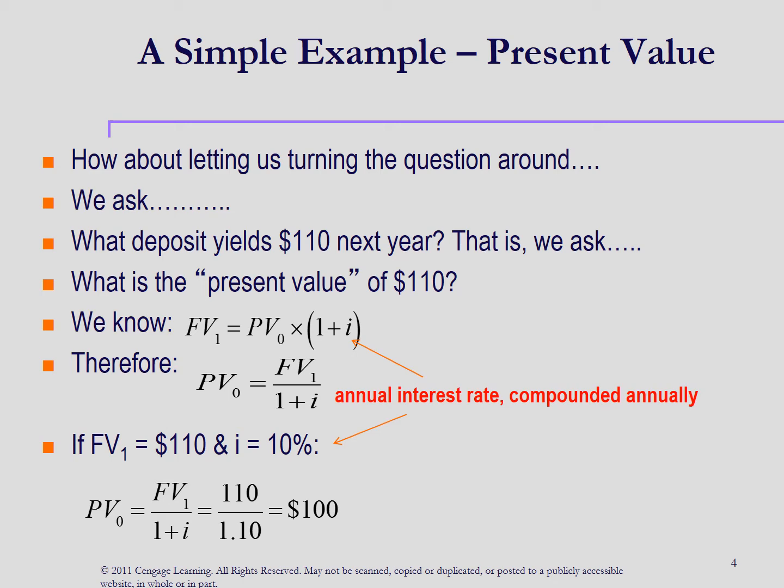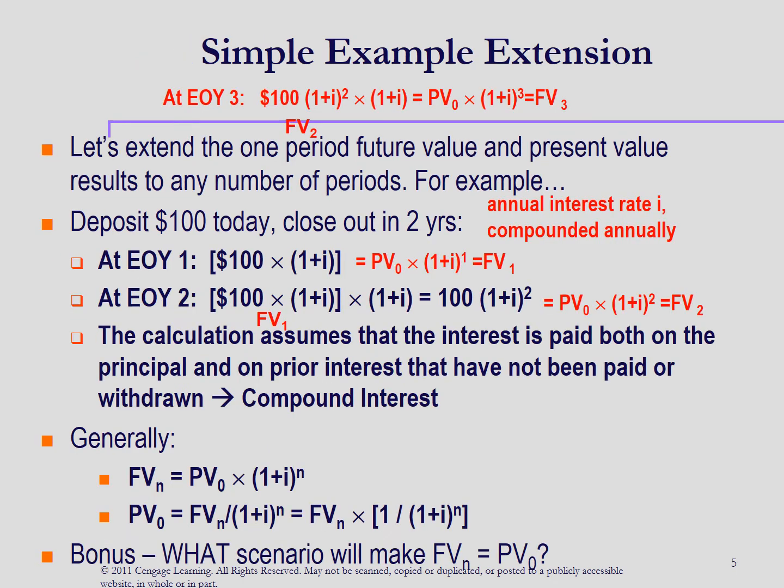From our earlier discussion, we know that future value at the end of year 1 is equal to present value today times 1 plus interest rate. Dividing both sides by 1 plus I, we arrive at the following formula. Present value today is equal to future value at the end of year 1 divided by 1 plus interest rate.